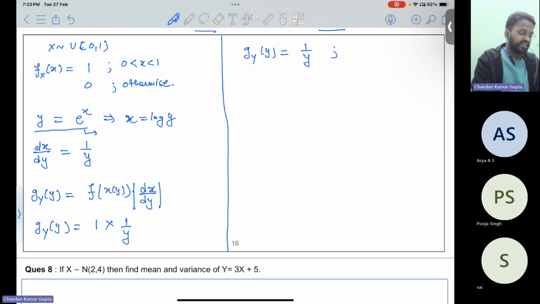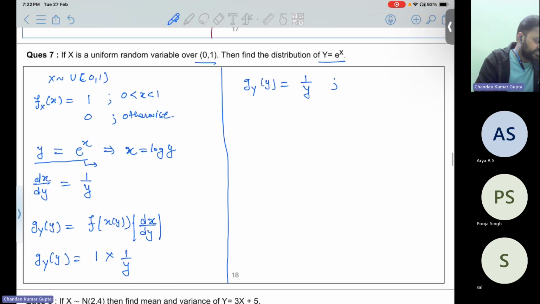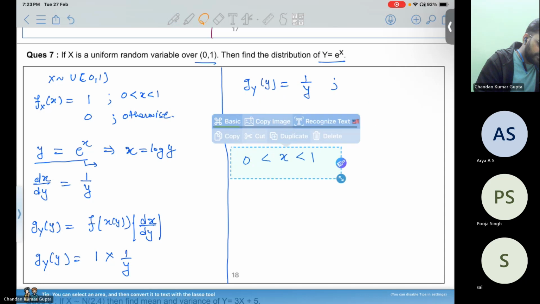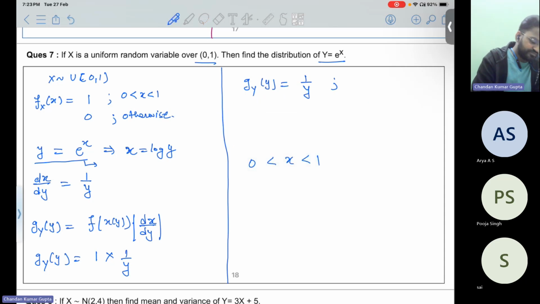Now it comes to the range. What should be the range? Okay. So for range, we may write, x lies within 0 to 1. So x equal to log y lies between 0 to 1.